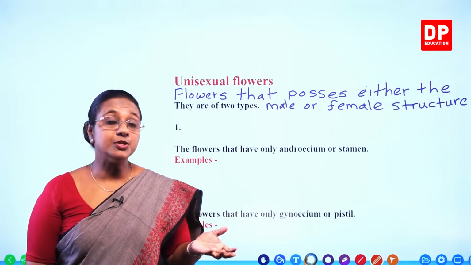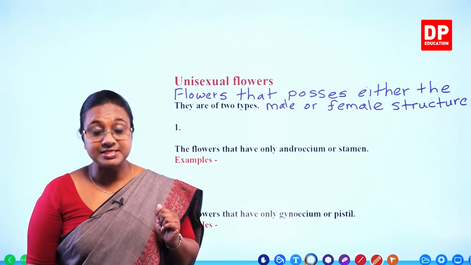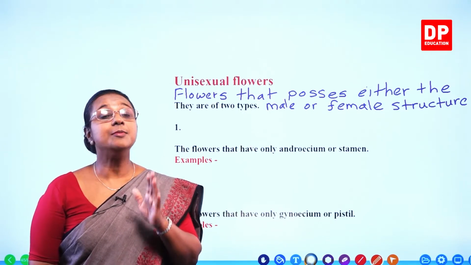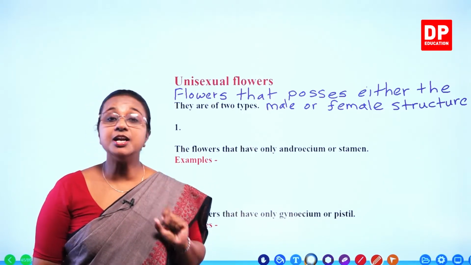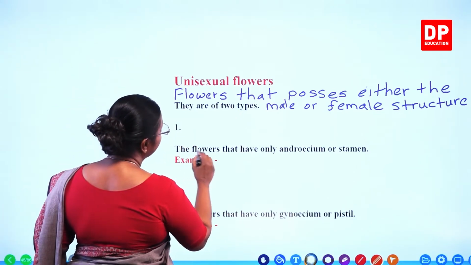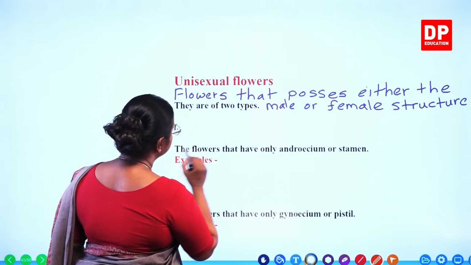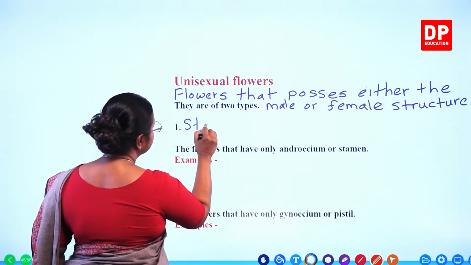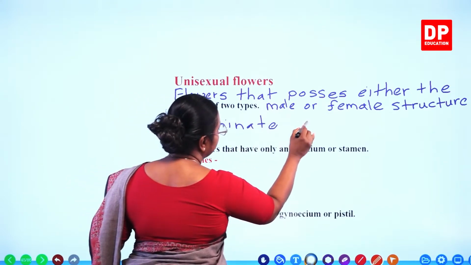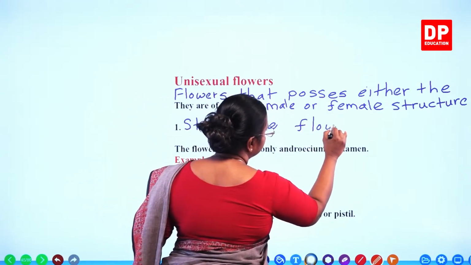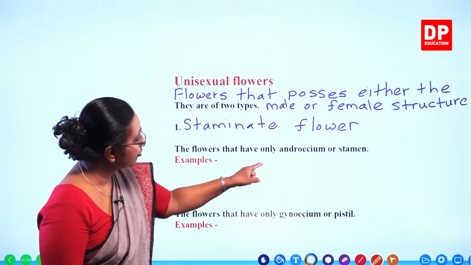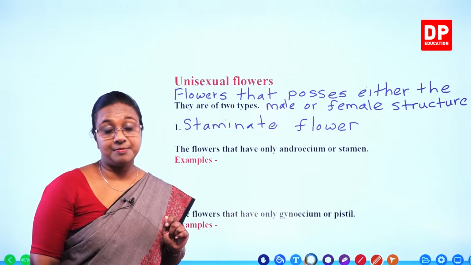If they have the gynoecium or the pistil or the female reproductive structure, we call it the pistillate flower. So there are two types. The first one, flowers that have only androecium or stamen, we call them staminate flower. Staminate flower, the flowers that have only androecium or stamen.